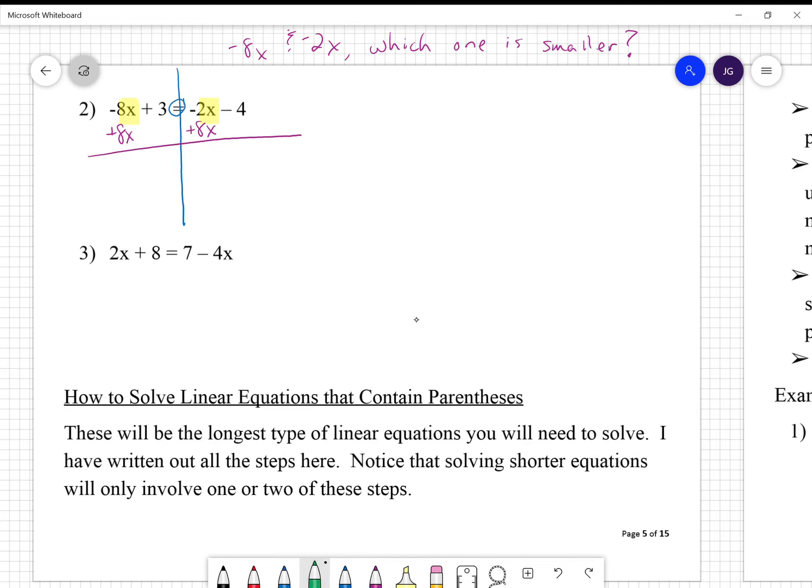My 8x's cancel on the left. I have 3 equals negative 2x plus 8x is 6x, and minus 4 just comes down.